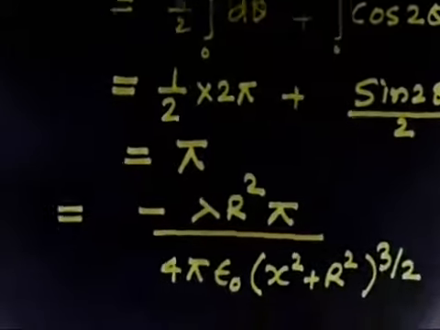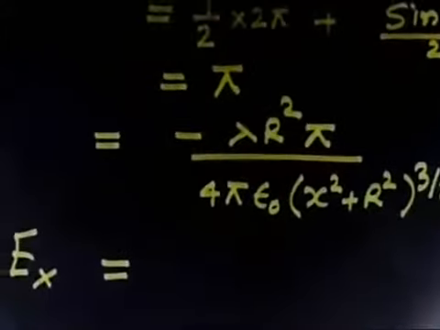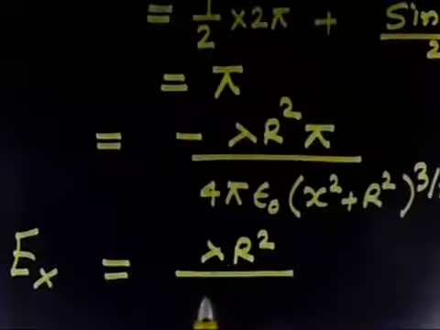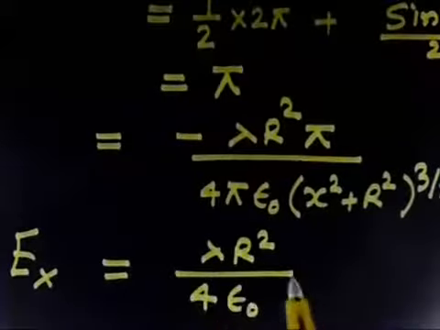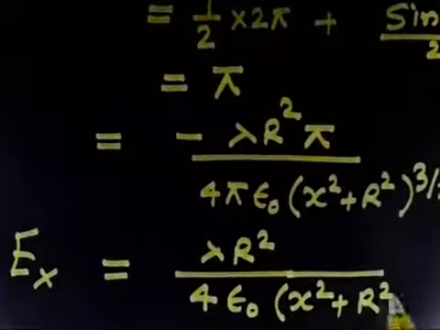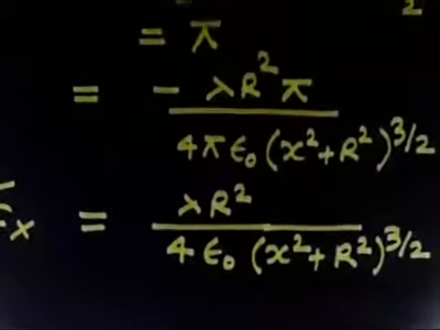So pi goes out, and the x component of the electric field in this case will be lambda r square by 4 epsilon naught, x square plus r square raised to the power 3 by 2. Are you getting or not?